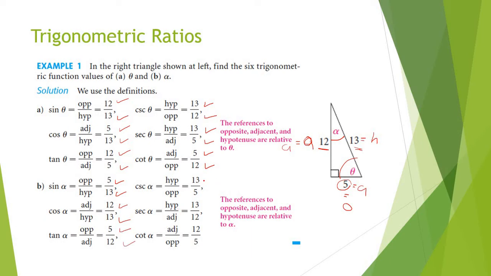Cosecant, hypotenuse 13, opposite 5. Secant, hypotenuse 13, adjacent 12. And cotangent, adjacent 12, opposite 5. So these are the six trigonometric functions of your alpha and your theta.